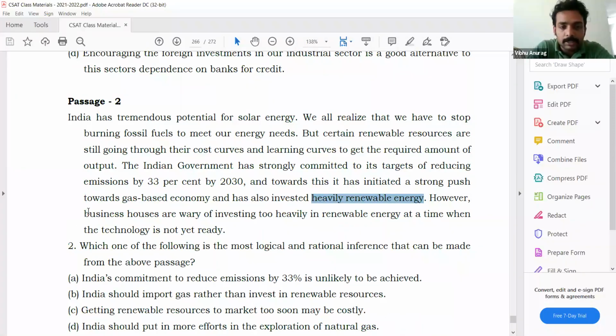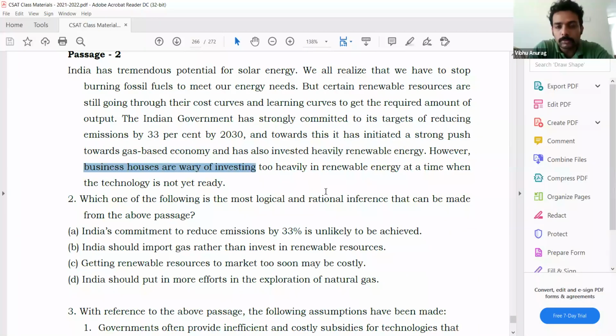However, business houses are doubtful. They're skeptical of investing too heavily in renewable energy at a time when the technology is not yet ready. So there's still some way to go for the technology to become ready. So what is the most logical and rational inference that can be made?